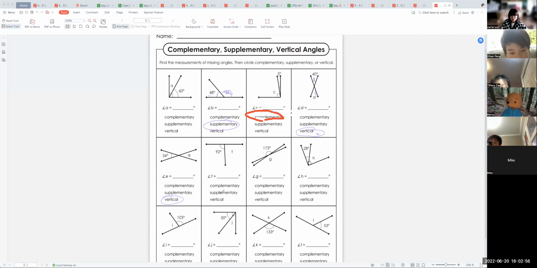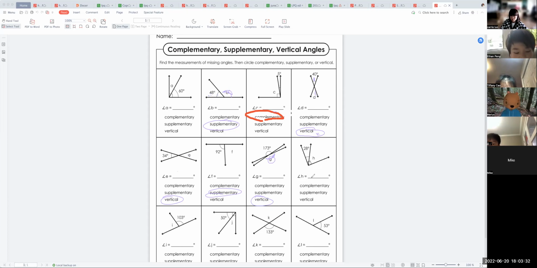Supplementary. Supplementary, very good. Angle G. So Tiffany, supplementary. 173 and G. So they're what? Oh, vertical. Vertical, very good. Okay, angle H. Angle H and 28, Ethan.